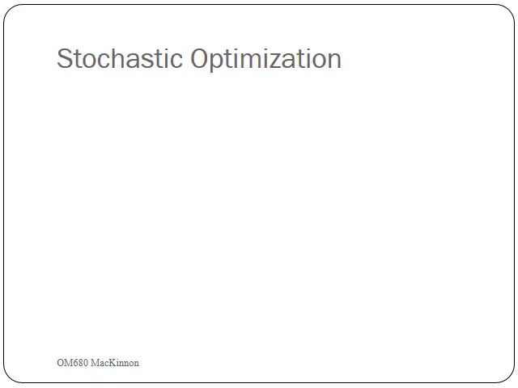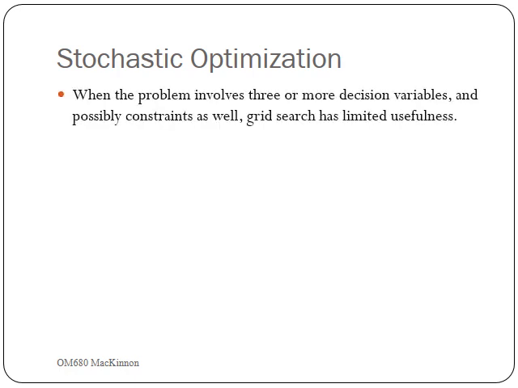So let's talk about stochastic optimization. Stochastic simply means subject to uncertainty, and it is the opposite of most of the models that we have been looking at this semester, which are deterministic. Okay, so when there is a problem that involves three or more decision variables, and a lot of our problems have had more than three decision variables, and also constraints, then doing a grid search either manually or automatically is not as useful.